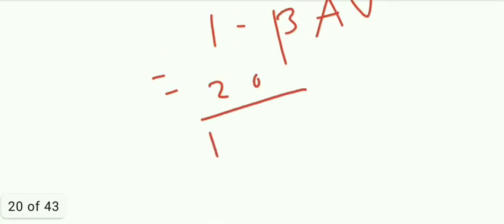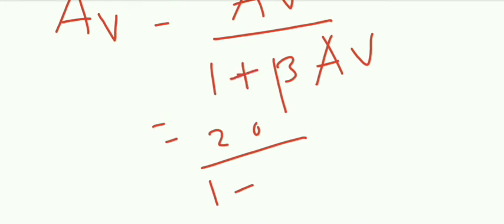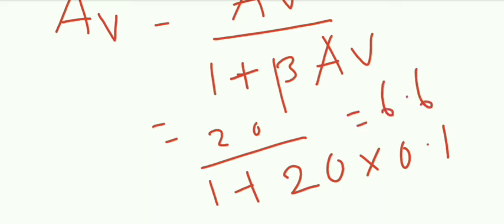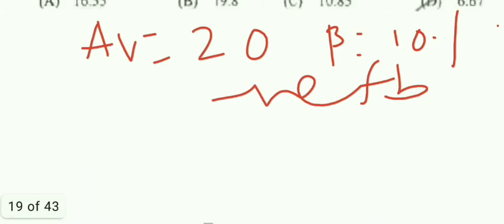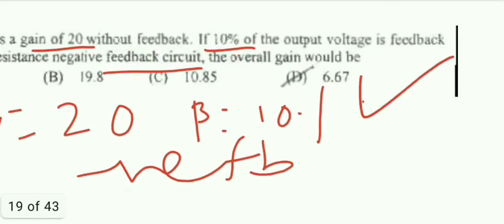For positive feedback it is AV by 1 minus beta AV. So 1 plus AV is 20, beta is 0.1, so 20 into 0.1 is 2, 1 plus 2 is 3. So 20 by 3 is 6.67. Gain after feedback is 6.67. So option D is the right answer.